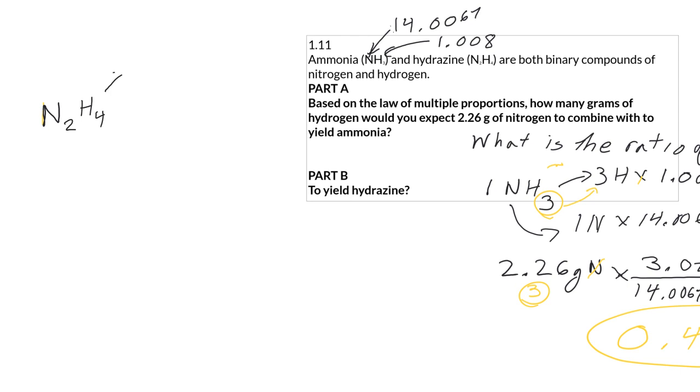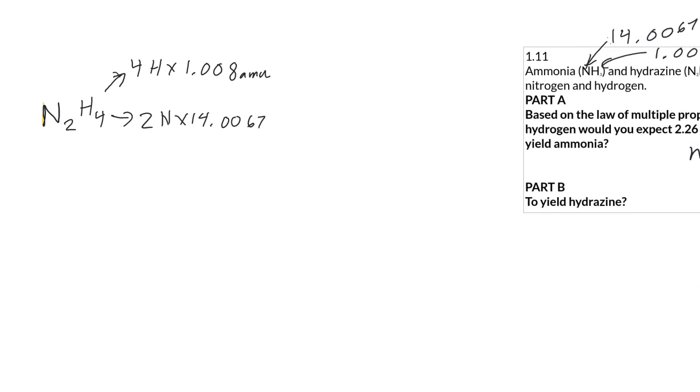In every 1 molecule of hydrazine, I have 4 hydrogens, and each one of those hydrogens has a mass of 1.008 AMU. I have 2 nitrogens, and each one of those nitrogens has a mass of 14.0067. So that's going to give me a ratio.